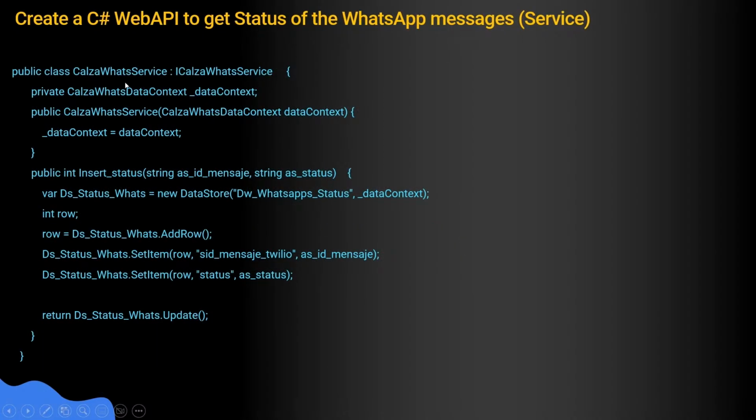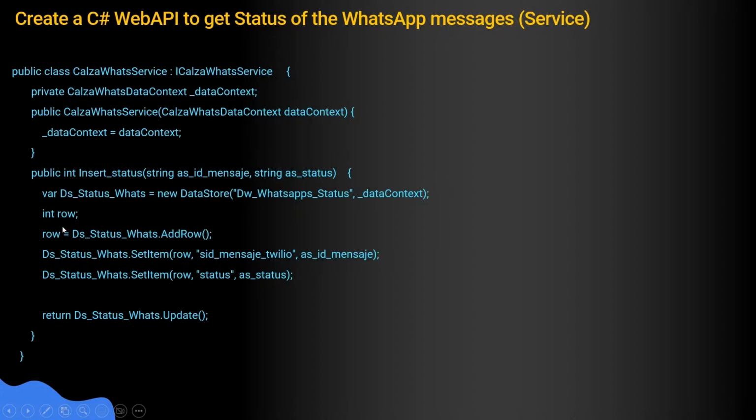Also, we need to create another method in the same CalsaWhat service. I'm creating another method to insert the status. The status of the message is basically when you send the message, when you read the message, when you deliver the message. So we have the ID of the message and the status. We do the same: we create an instance of a new data store. We have this data window that has the WhatsApp status, and we provide the transaction object, which in C# is called the data context.